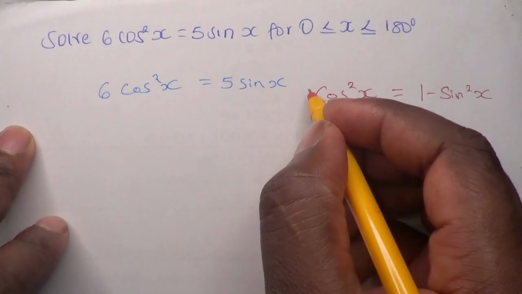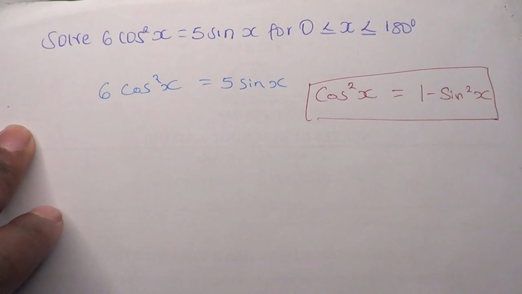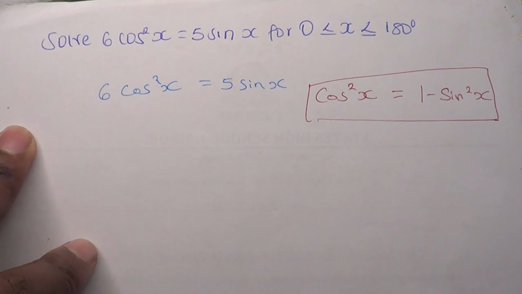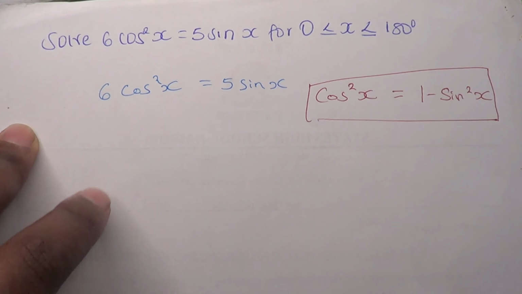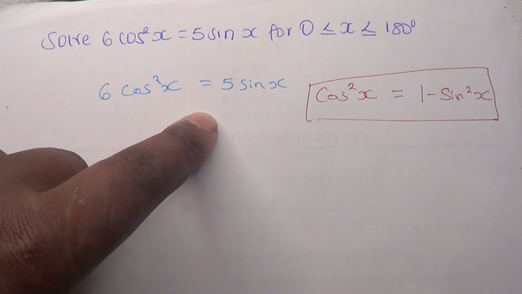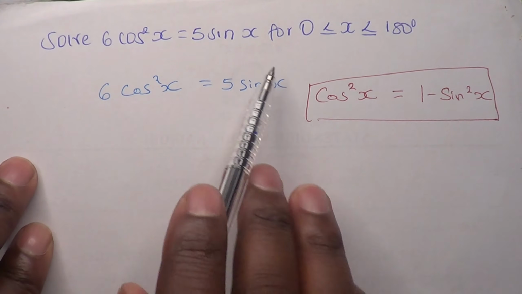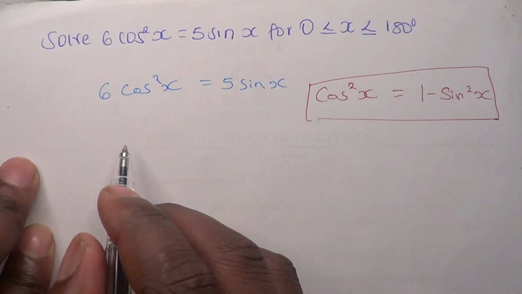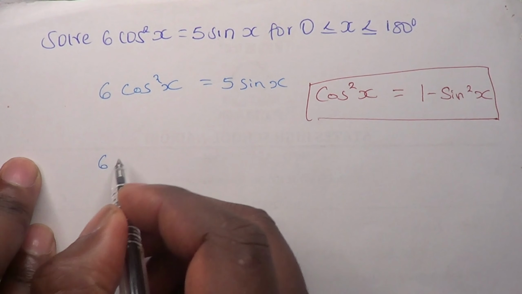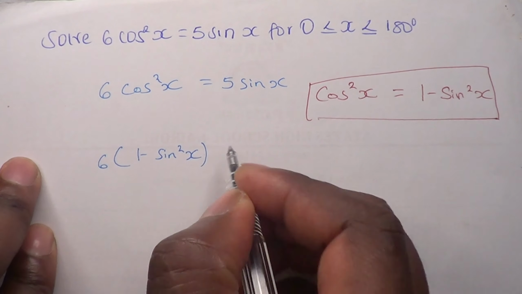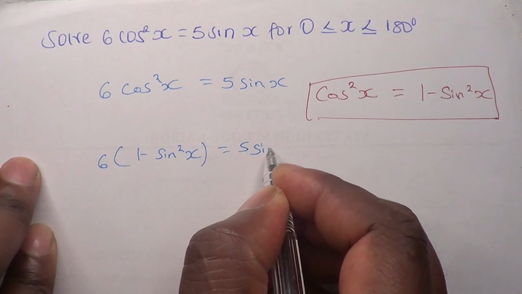So we want to substitute cos²x with 1 minus sin²x in the original equation. So what we want to do here, we write 6 times (1 minus sin²x) equals 5 sin x.